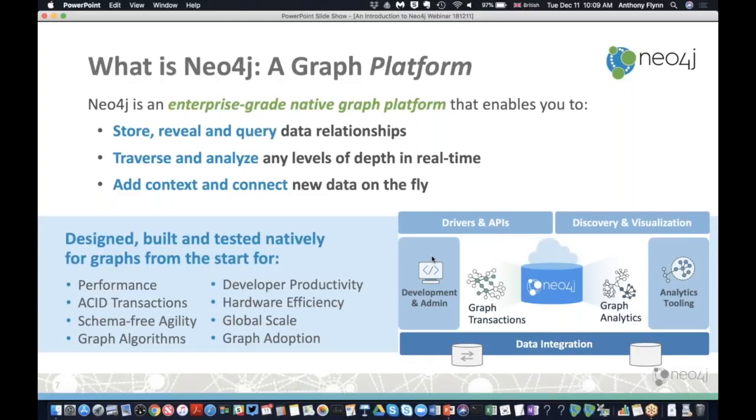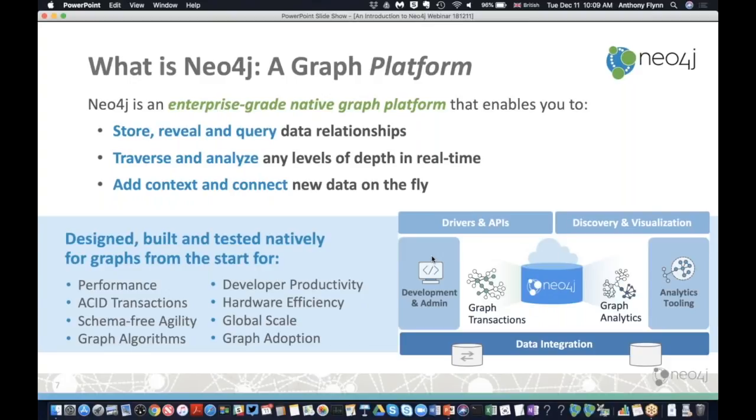There are a variety of ways of presenting information in both graph and tabular ways. There are integrations with other analytics tools and a variety of ways of ingesting data from different sources. So really it's about being able to store, reveal, and query data in all of its complexity. It's being able to explore that data, even very large data sets in real time.